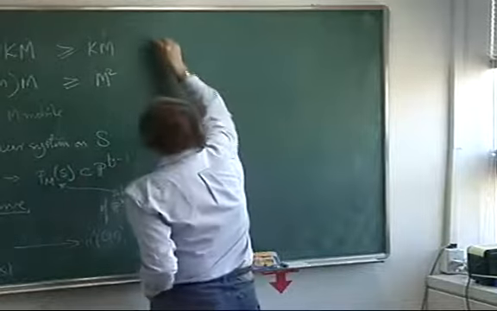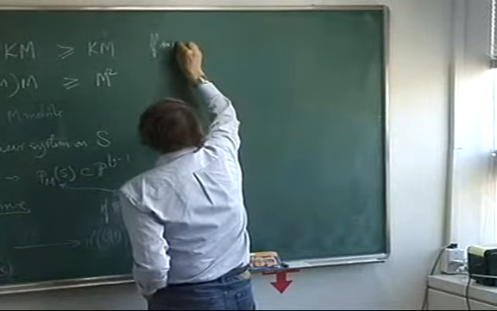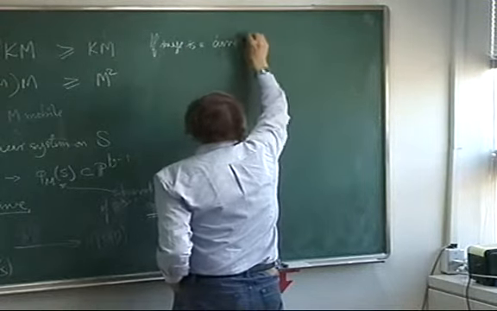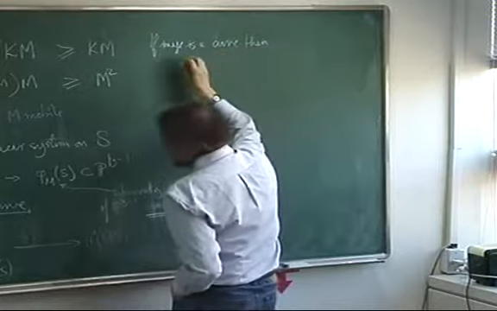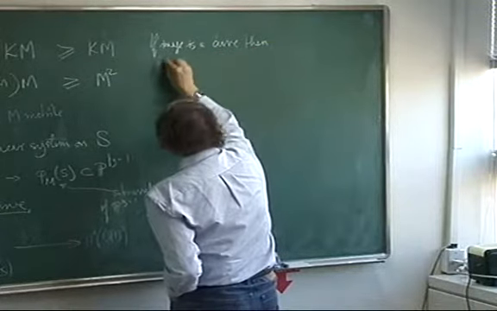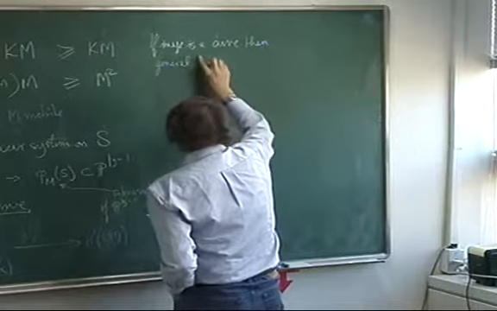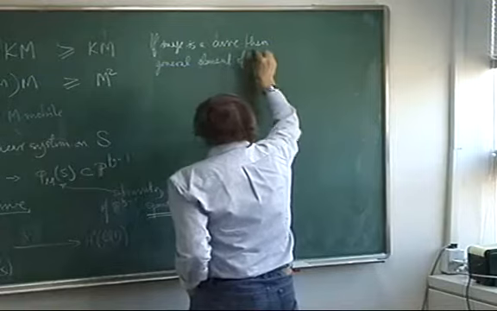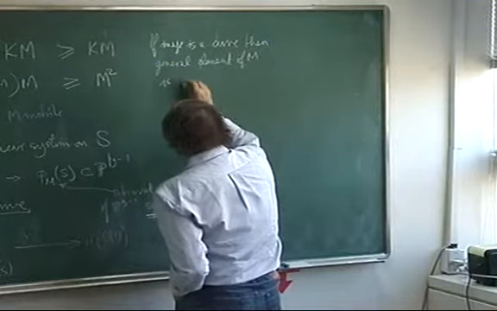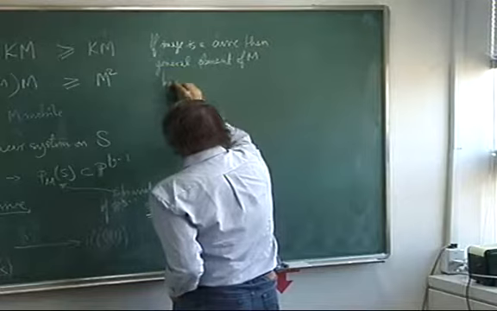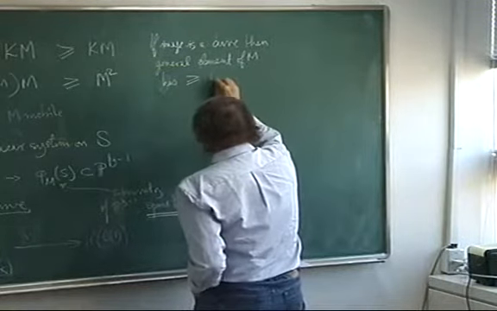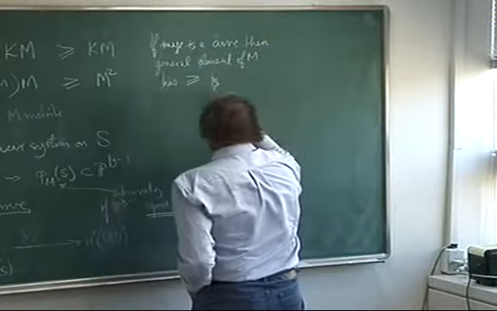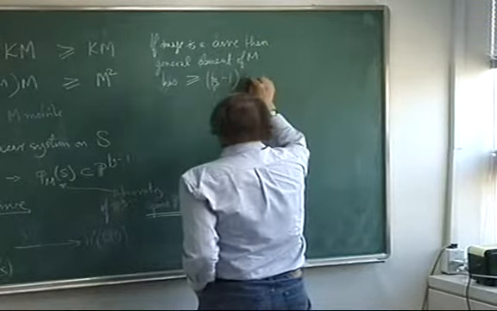So if the image is a curve, then the general element of M has at least g minus 1 irreducible components.